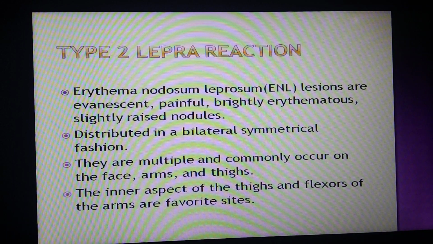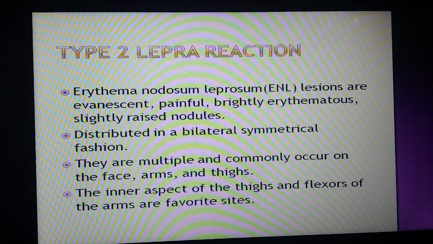Type 2 lepra reactions. What are type 2 lepra reactions? Erythema nodosum leprosum, called ENL, lesions are evanescent, painful, brightly erythematous, slightly raised nodules, distributed in a bilateral symmetrical fashion.